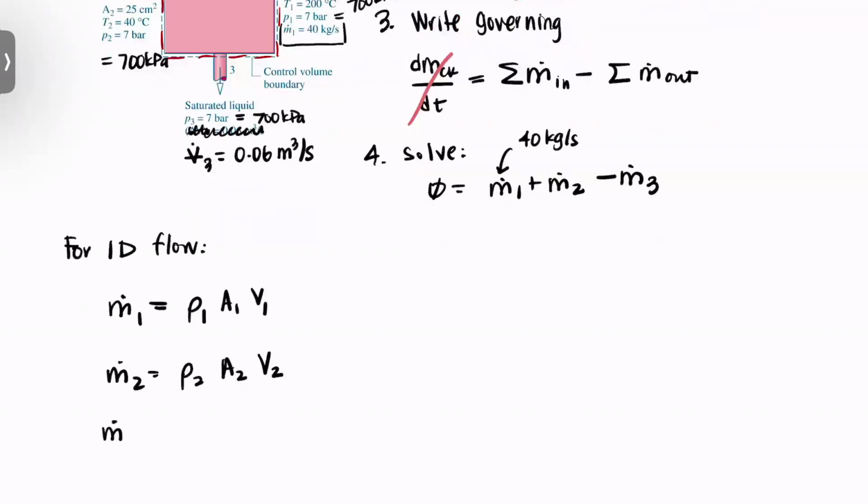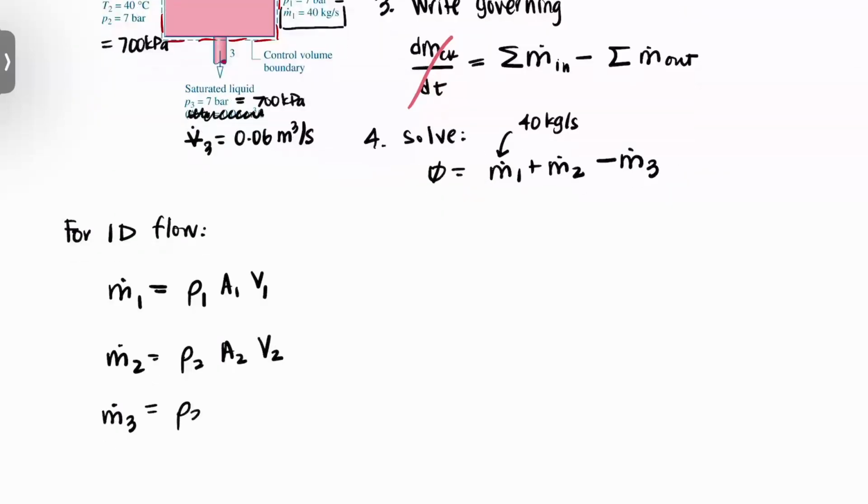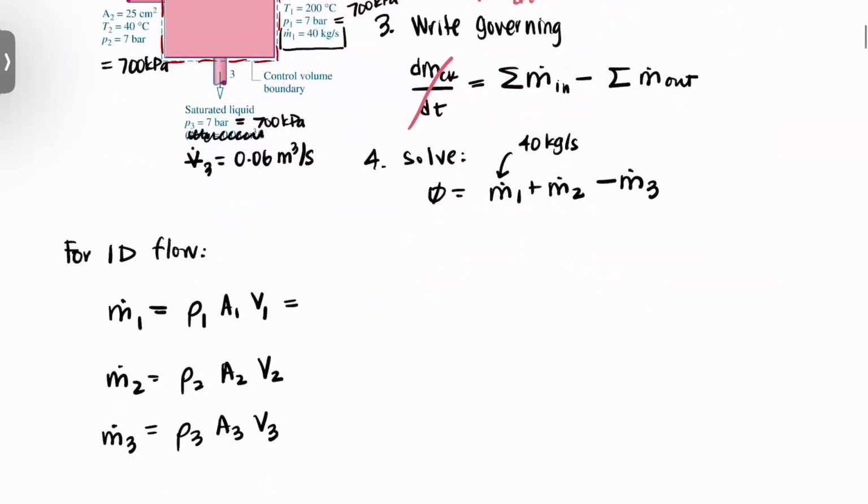And then m dot 3 is equal to rho 3, A3, V3. Okay, so we already have m dot 1. This is 40 kilograms per second.